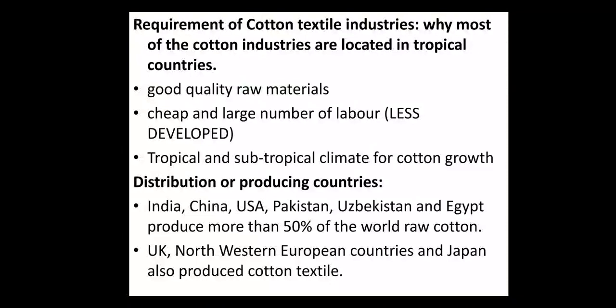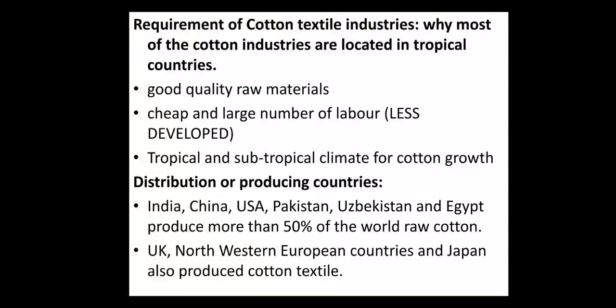Next is again the requirements for the cotton textile industry. In order to set up a cotton textile industry, we need cotton raw material. That means we need an area or region that is favorable for the growth of cotton.